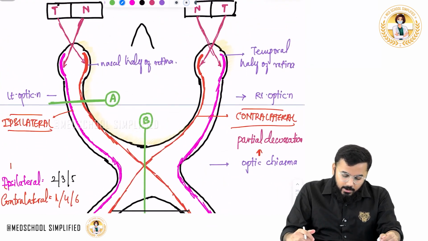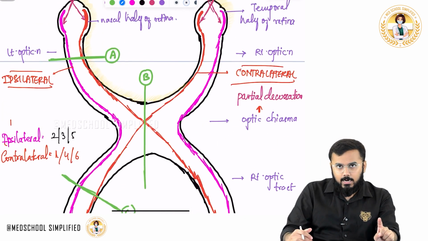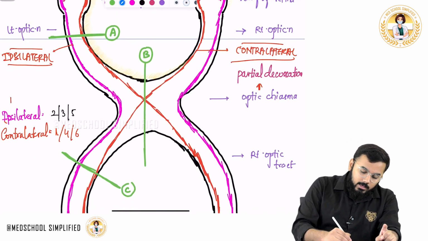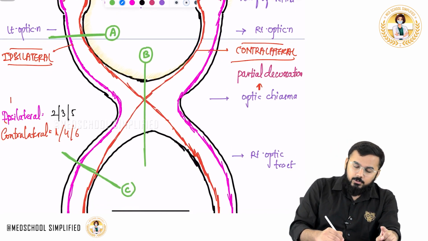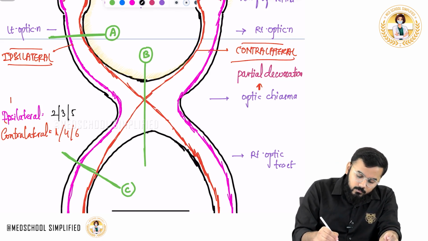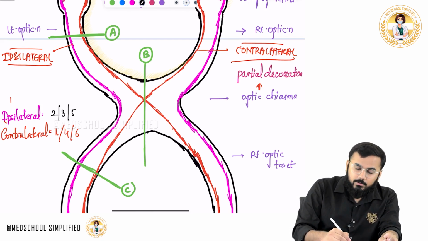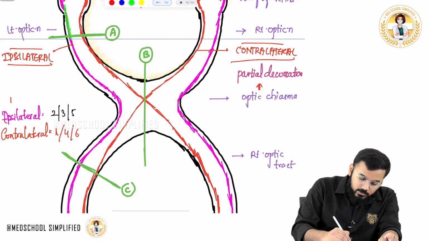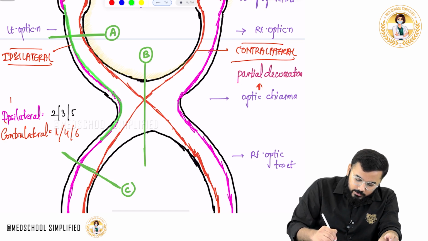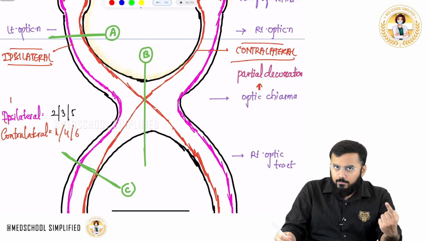In case number A, what is happening? The left optic tract is cut. If the left optic tract is cut, what is happening? Ipsilateral fibers, you see these pink color fibers. Let me name it as 1. Just look at these fibers, which I am drawing right now. These pink color fibers are ipsilateral. So will they work? They won't work.